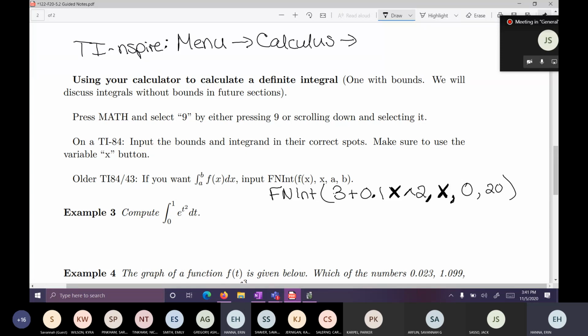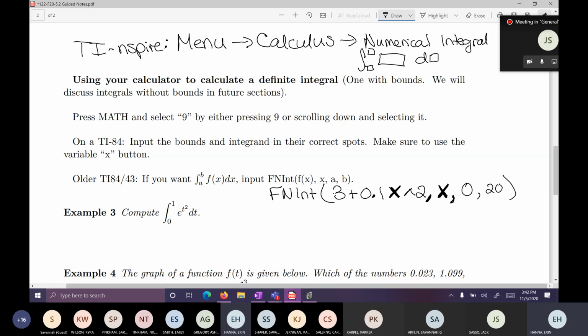I think yours says something like numerical integral. And the nice thing about that is it also sets it up like the TI-84 where it just gives you boxes. Now the nice thing about the TI Inspire, since you have that little keyboard at the bottom, if you want to type in T's, you totally can. So the TI Inspire will handle absolutely any variable you want. I usually just default to using X anyway, but if you wanted to type in a T instead, as long as it was the T in the integrand and the dt, as long as those match, it'll do it perfectly.